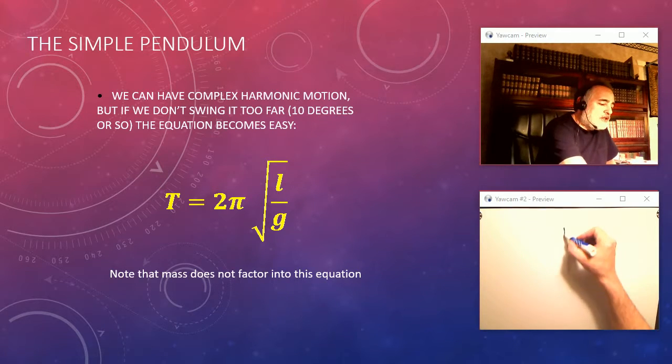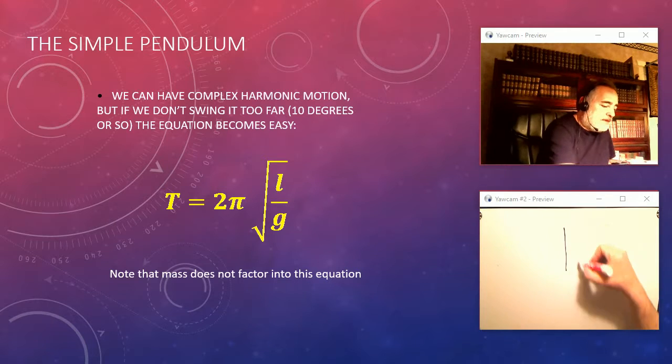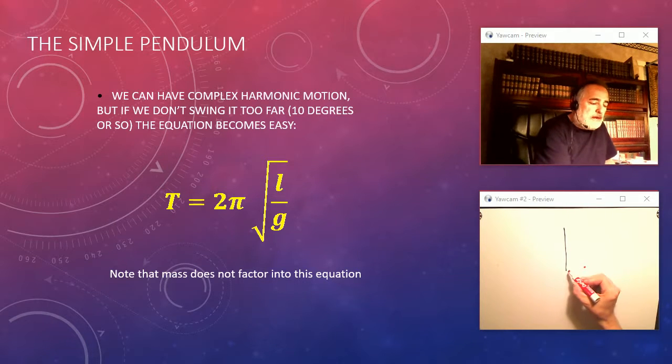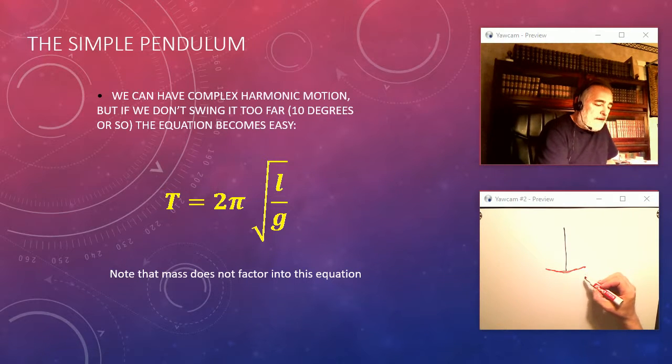So on this swing, the complete circuit, if I pulled it back to here and then let it go, the complete circuit is one period, right?